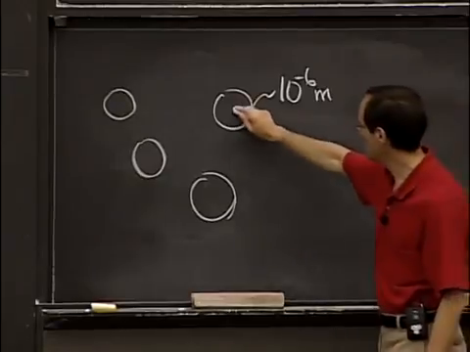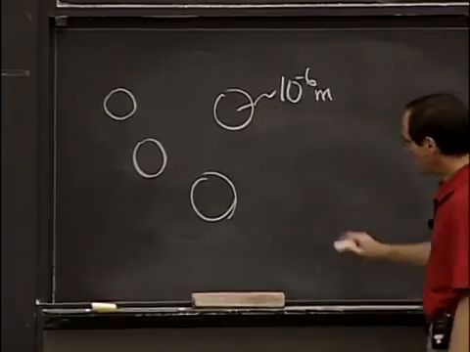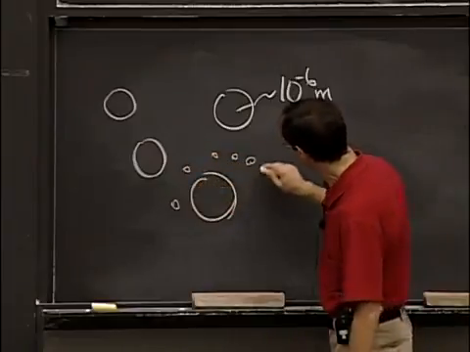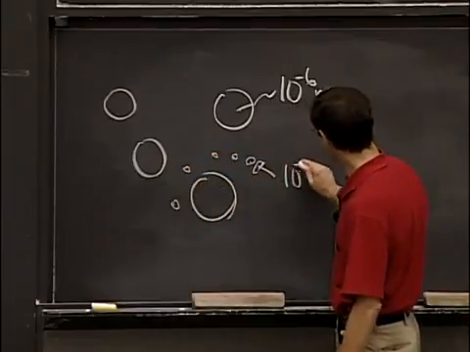That is, the radius is 1 micron. And then you have a bunch of other little particles, which are a lot smaller, maybe 10 nanometers.